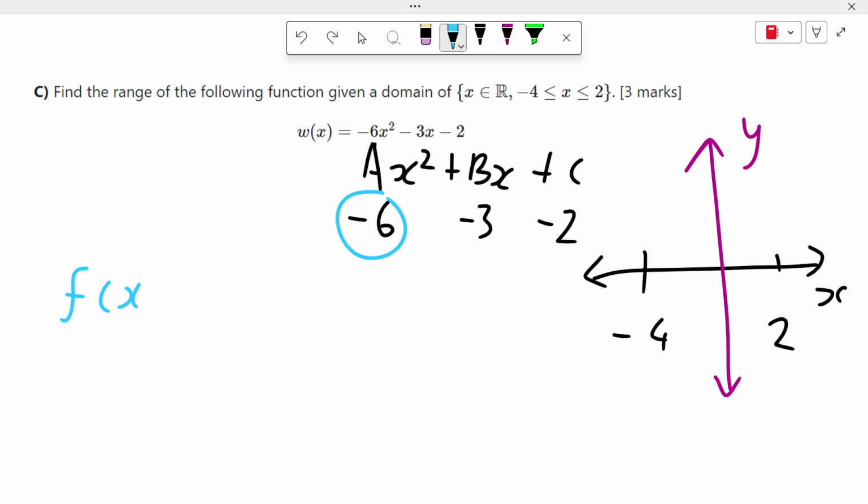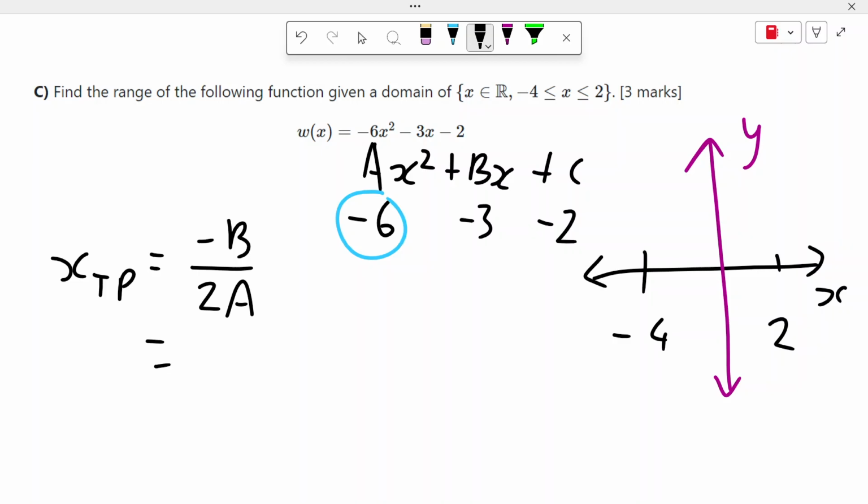And the equation that we need to find the turning point when it's not a simple one is that the x turning point is equal to minus b divided by 2a. And then if we put those values in, we can solve for it.